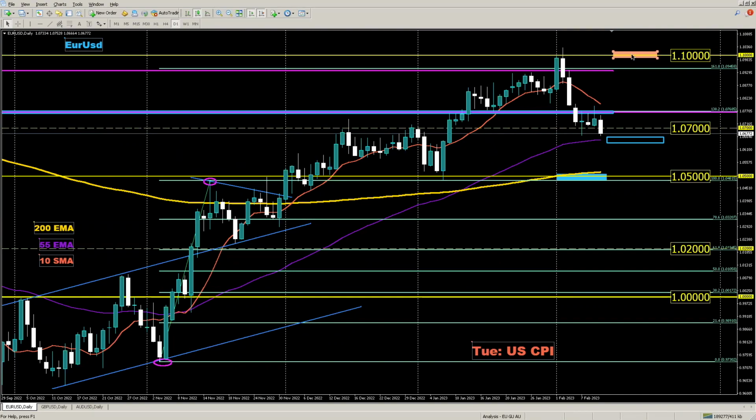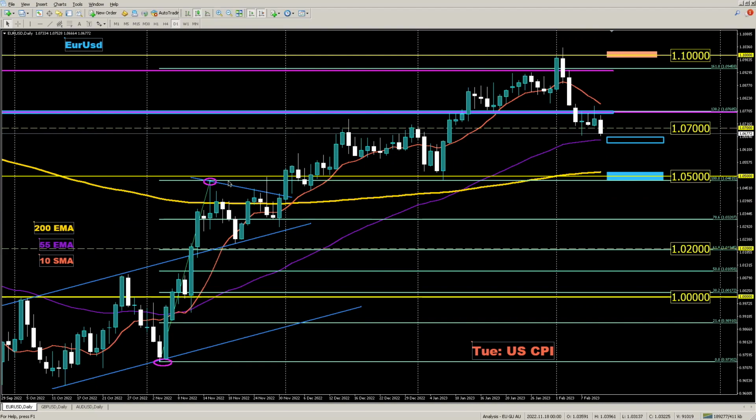Major resistance is still at the 110. And the next major support is going to be at the key round figure at 105, where the daily 200 EMA is coming up to settle around 105.18.